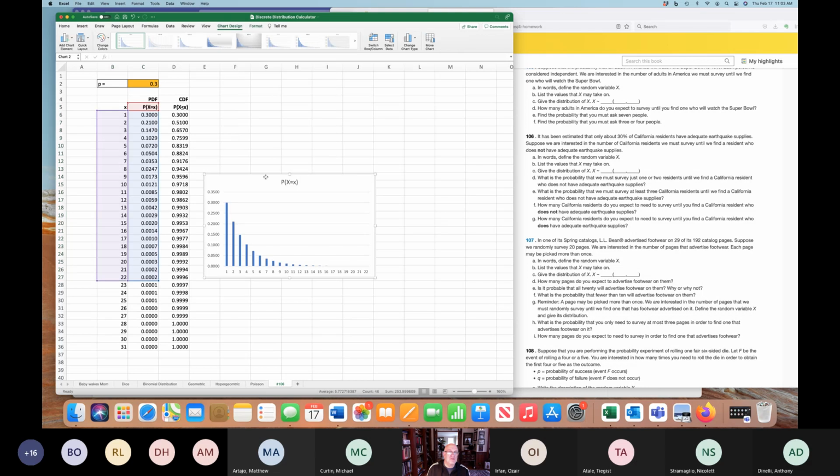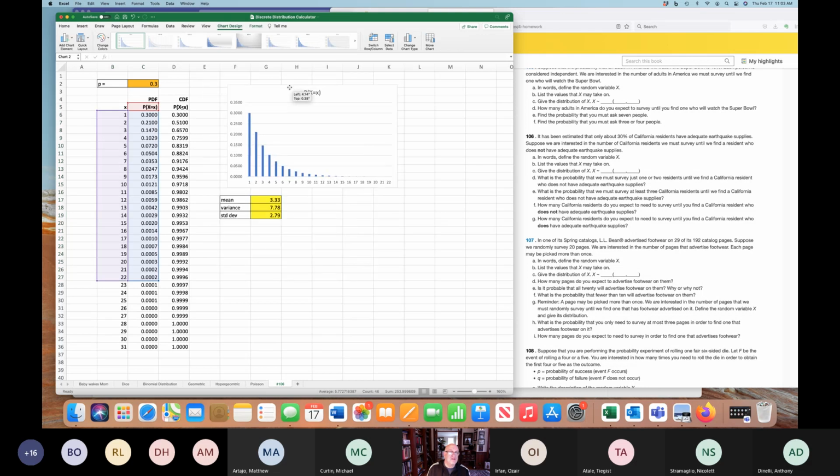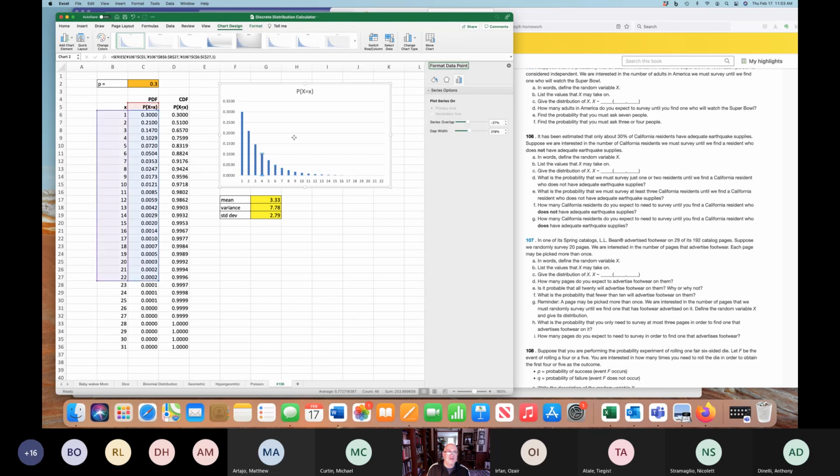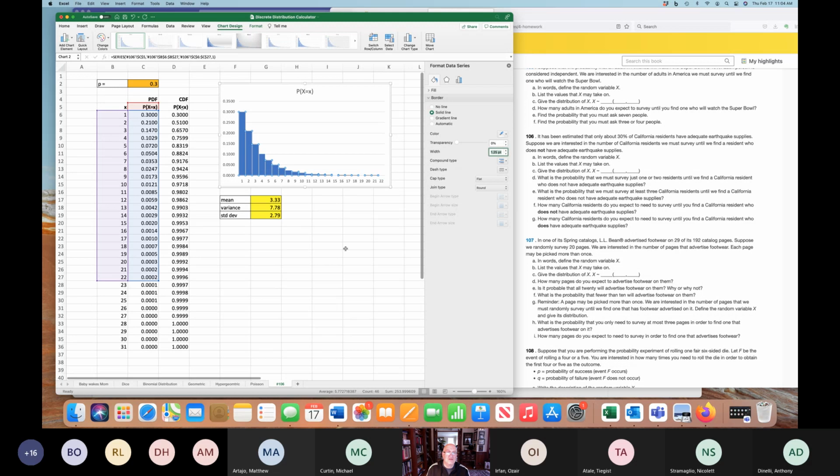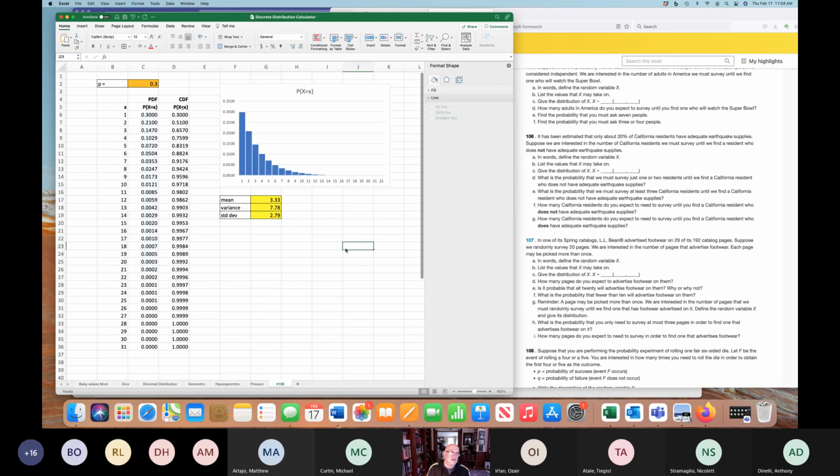Beautiful. Isn't that nice? Then I click on all the bars, reduce the gap, and give them a solid white line border to make them pronounced. There we go. So now I know what it looks like.